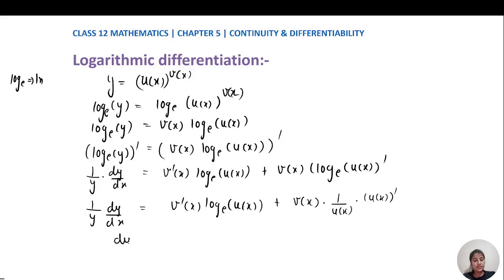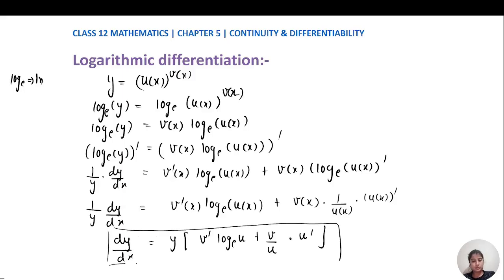So our dy by dx will be y times v dash log e of u plus v upon u dot u dash. So if we have to find the derivative of the form u of x raised to v of x, then its derivative dy by dx is given by y times v dash log e of u plus v by u dot u dash.